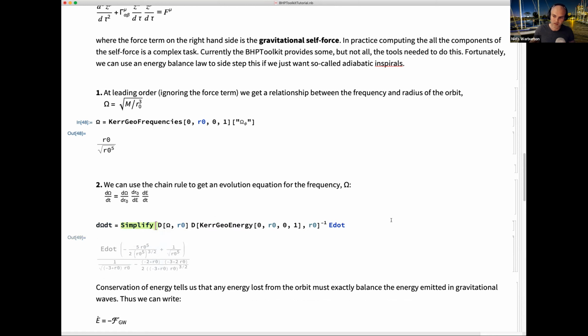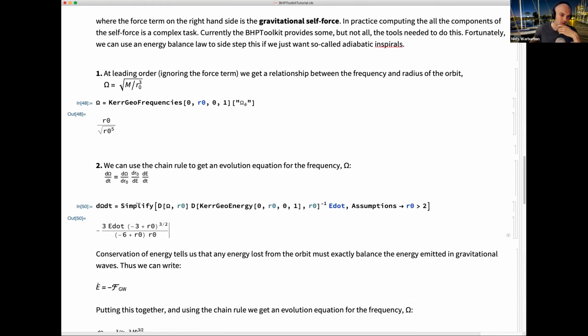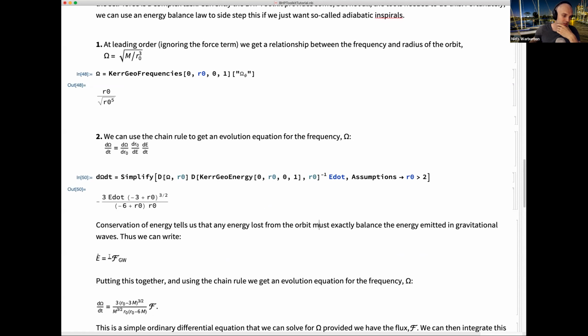It can be useful to simplify that a little bit, with the assumption that r0 is bigger than 2, and it's actually quite a simple equation. This tells you how the orbital frequency evolves as a function of time. The E that appears in this equation is the energy of the body. As long as the system is evolving slowly and everything's evolving adiabatically, we can replace E dot with minus the flux of gravitational waves.